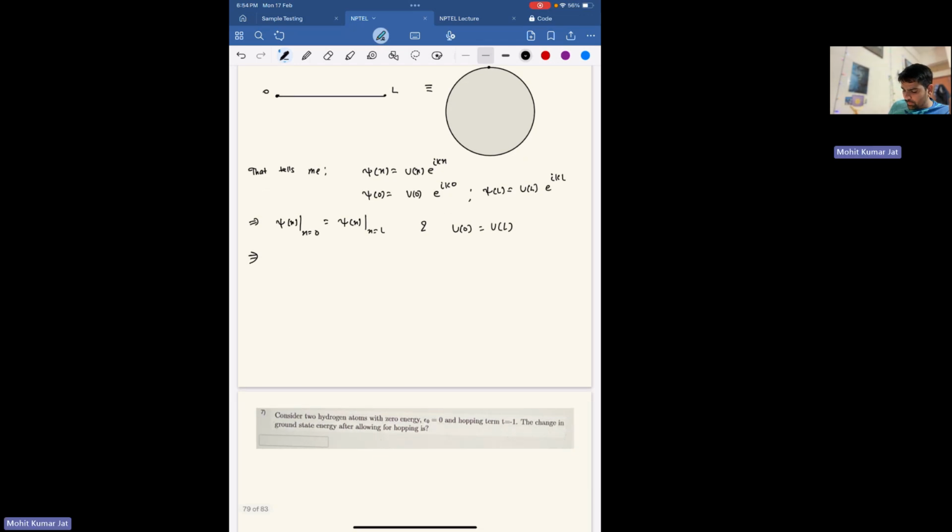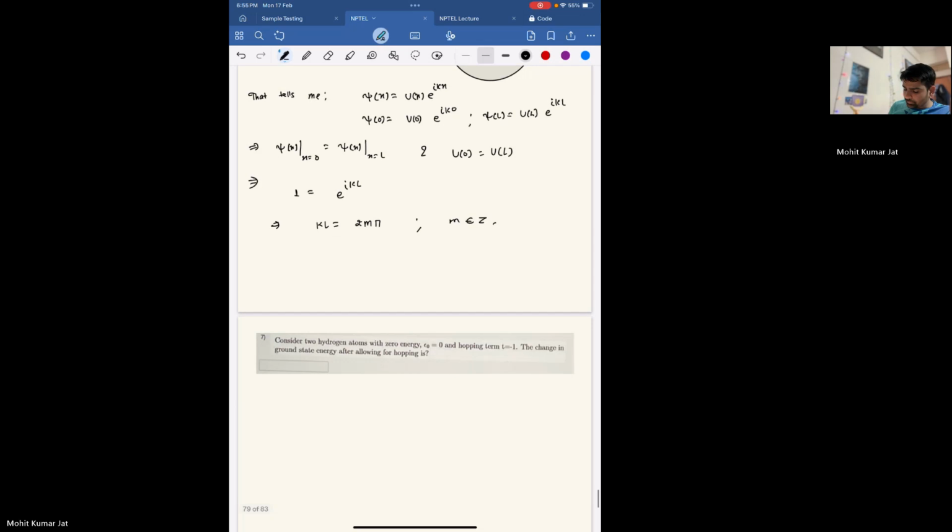Then in that case, e to the power i k 0, that is 1, equals e to the power i k L. This tells me that k can only have discrete values, which can be written as kL has to be 2 m pi, where m belongs to integer, and that gives me k to be 2 m pi by L.